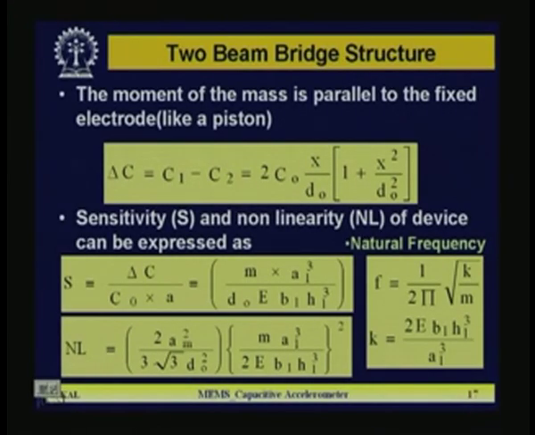Now delta C is given by C1 minus C2, which is again shown by this expression: twice C naught x by d naught, 1 plus x square by d naught square, and sensitivity and nonlinearity are also shown by this expression for this kind of structure. Natural frequency f equals 1 by twice pi root k by m, and the stiffness constant k is given by this relation: twice E B1 H1 by A1. Okay.